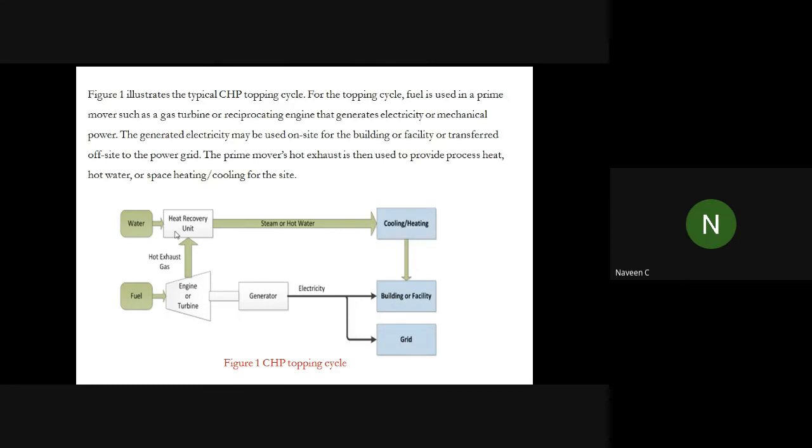So in the topping cycle, fuel is used primarily in a prime mover such as a gas turbine or reciprocating engine. A steam turbine, as I said, is for a huge process. For a small process, you need not go for a steam turbine. We generally select a gas turbine or a reciprocating engine.